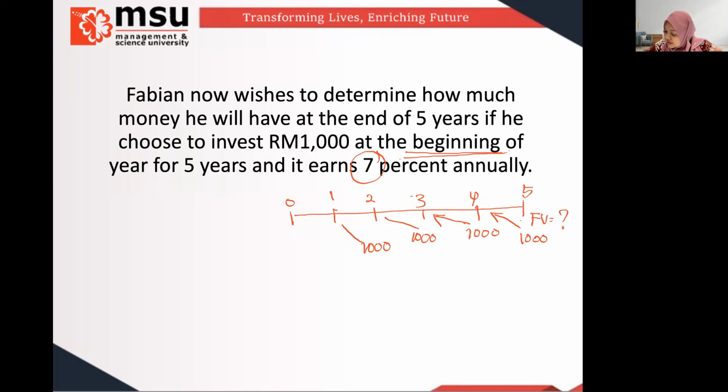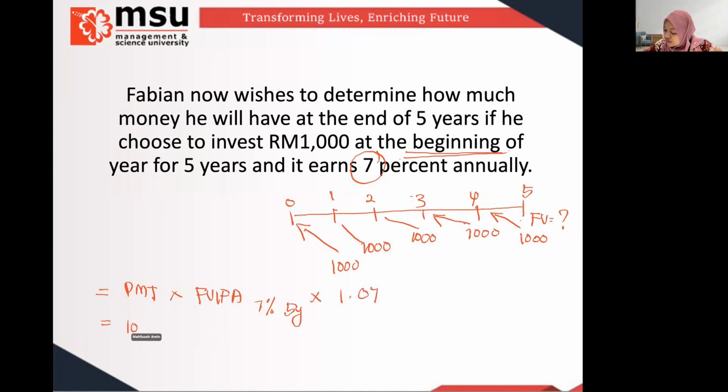So at the beginning of year 1. So the formula is payment multiply with FVIFA. i is 7%. Years is 5 years. Multiply with 1.07.